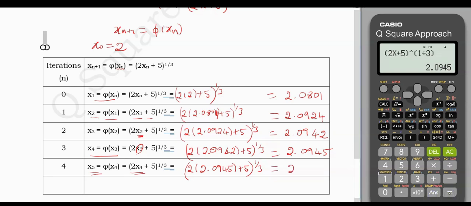So 2.0945. Now the fourth and fifth approximate values are the same. So we can stop this iteration process here.